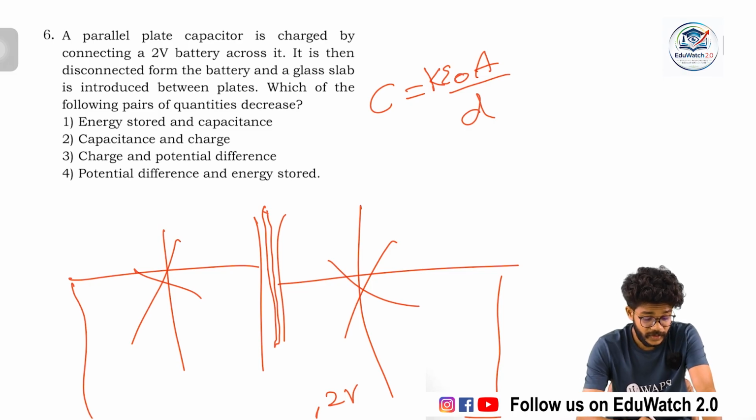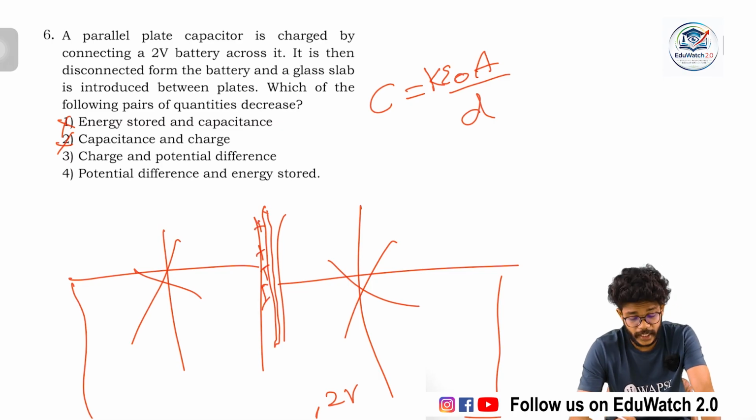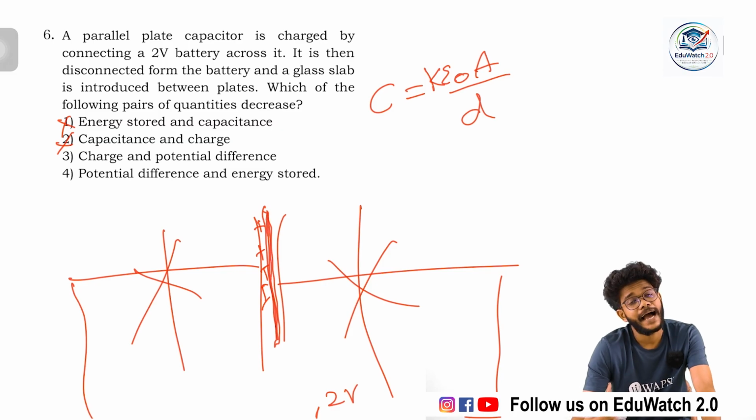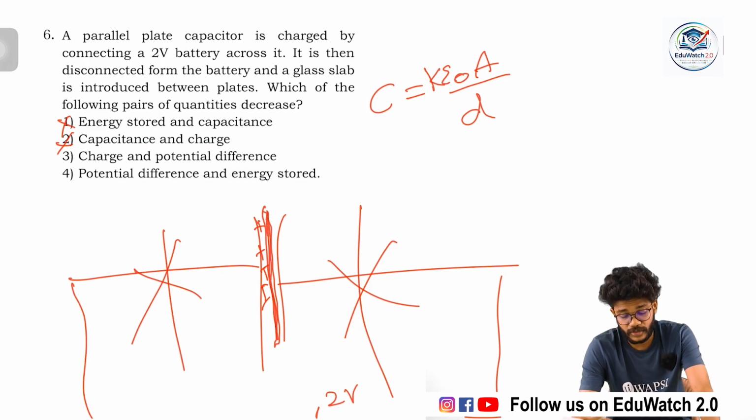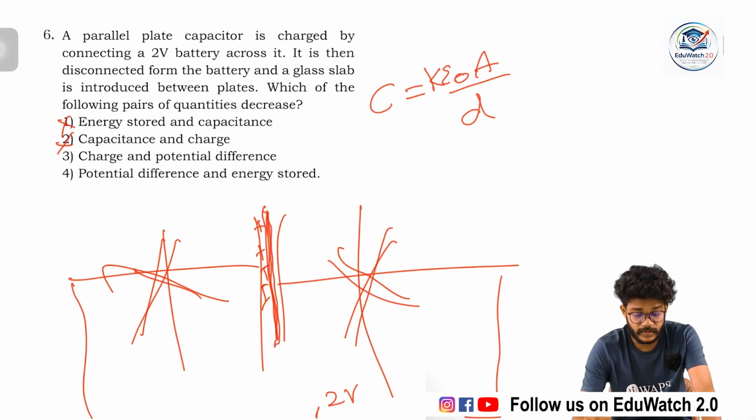So option 1 is incorrect, and the capacitance option 2 is incorrect. Next, charge and potential difference. What happens to the charge? Initially the charge is distributed on the plates, and if you introduce a dielectric, nothing will happen to the charge because it is now disconnected.